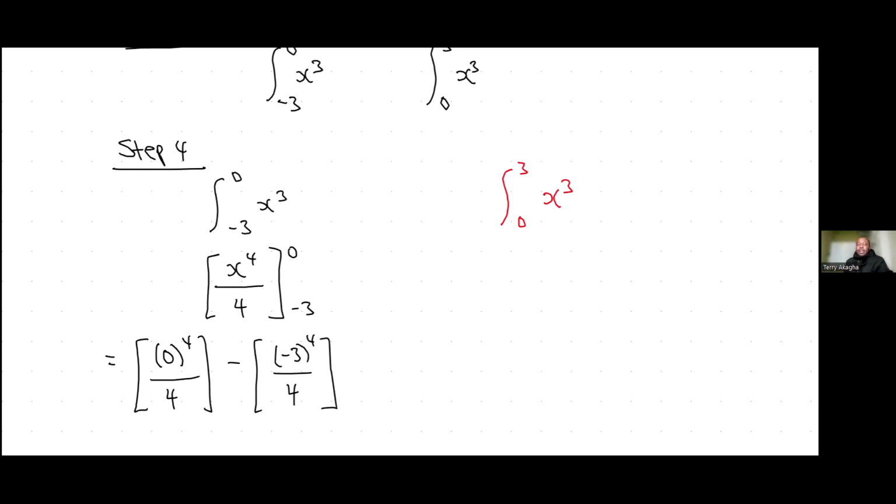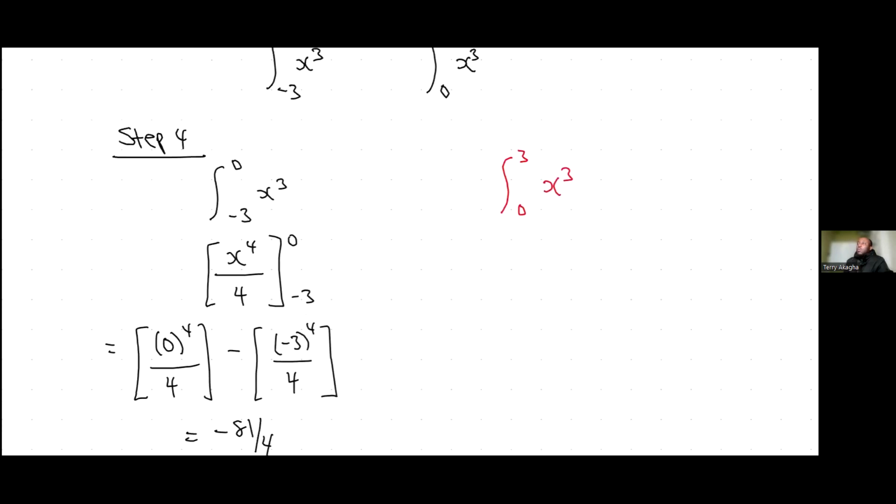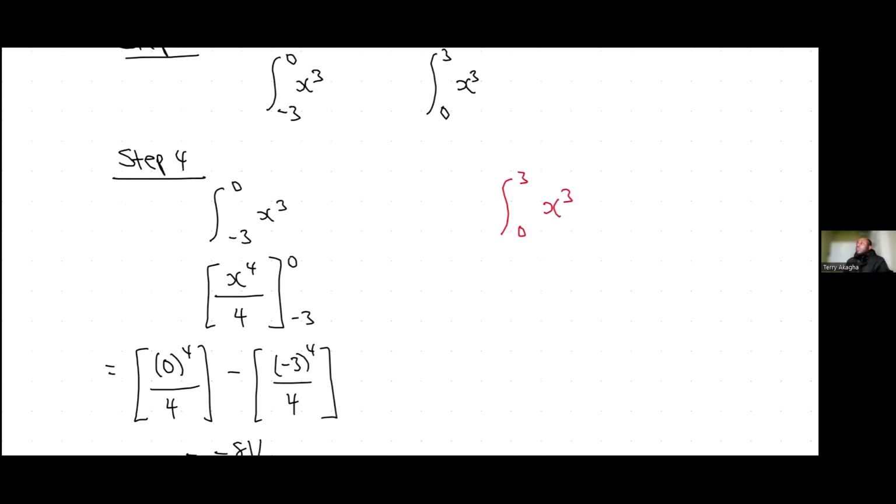Then when you put that in, the final answer you will get is -81 divided by 4. And therefore, I told you the area can never be negative. You ignore the negative sign, it's going to be 81 over 4 units squared.